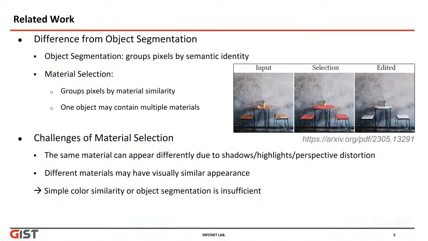The challenges of this topic are that the same material can appear differently due to shadows or highlights or perspective distortions, and different materials may have visually similar appearance. So simple color similarity or object segmentation is insufficient for this kind of problem.